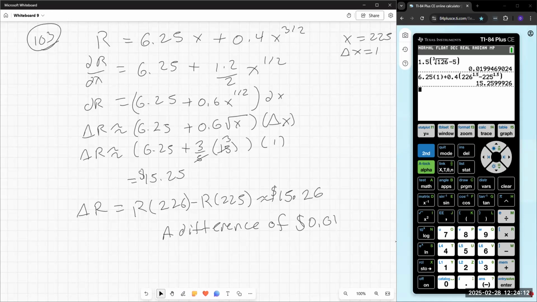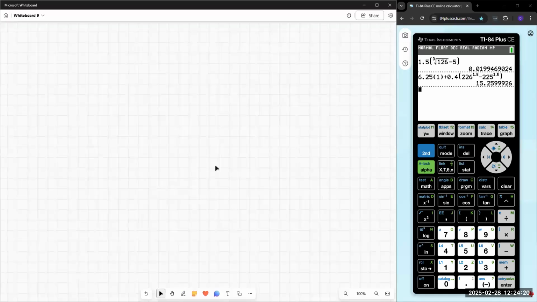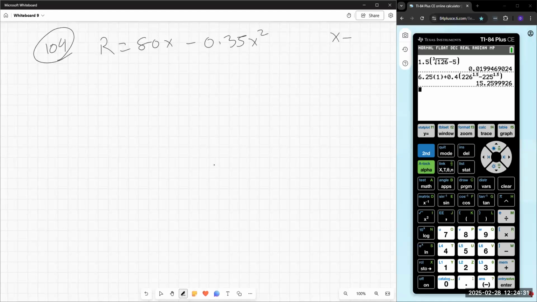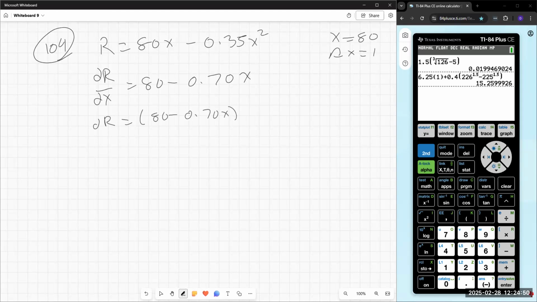Let's go on to 104. R is 80x minus 0.35 x squared with x equal to 80 and delta x equal to 1. dR/dx is 80 minus 0.70x. dR is exactly 80 minus 0.70x times dx.